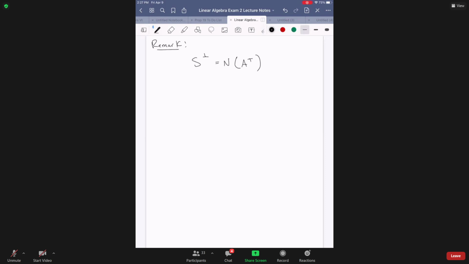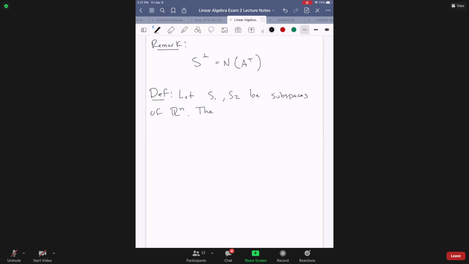Okay, next thing. Definition. Let S1, S2 be subspaces of R^n.